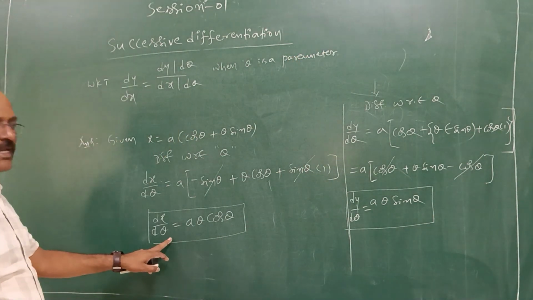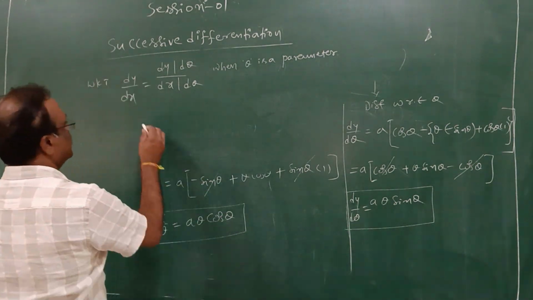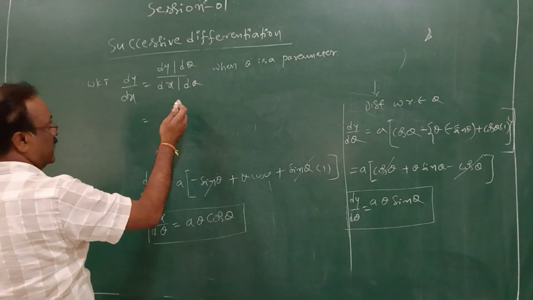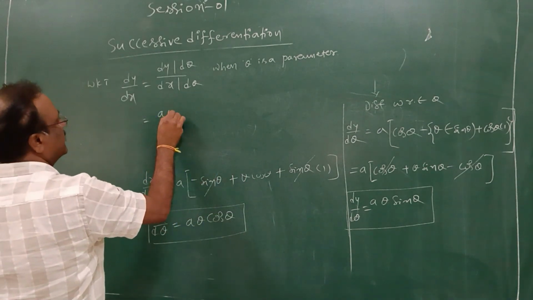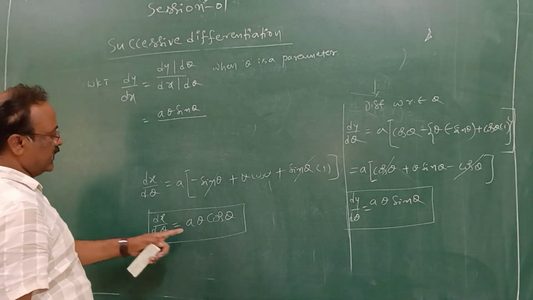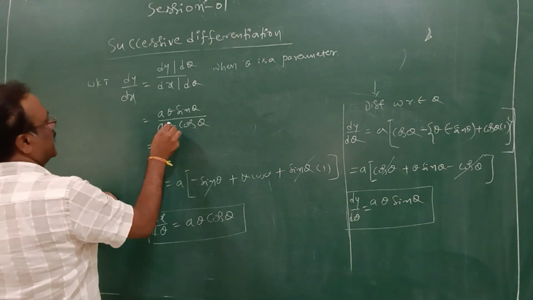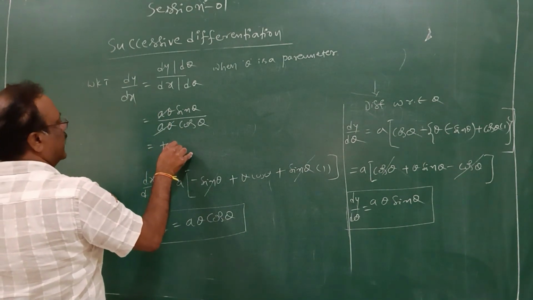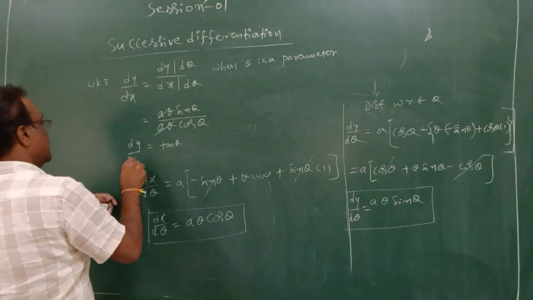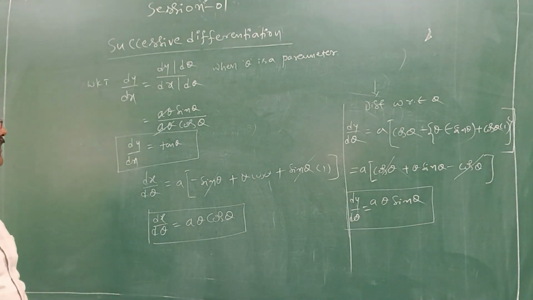So we substitute here: dy by d theta is a theta sin theta, divided by dx by d theta, which is a theta cos theta. So a theta gets cancelled, and we get tan theta. So dy by dx is tan theta.